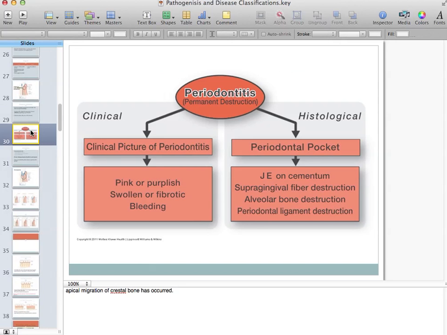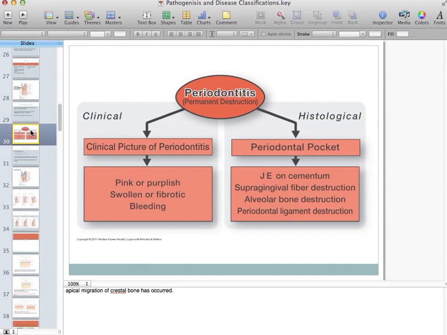Periodontitis is permanent destruction, affecting the bone, PDL, gingiva, stuff like that. So, periodontitis, you can see pink or purplish tissues, swollen or fibrotic, and definitely bleeding. Junctional epithelium is on cementum. It's migrated apical to the CEJ.